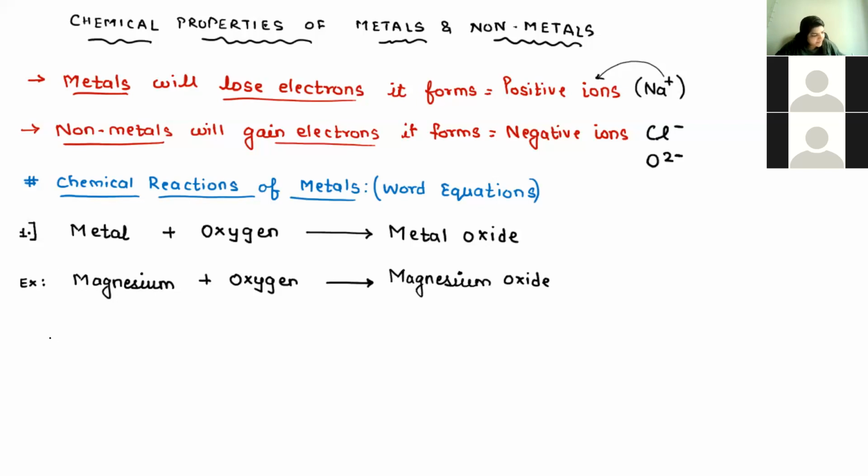Another example, lithium plus oxygen. Lithium oxide? Yes, lithium oxide. Depending on which metal I change, I'm going to get that respective metal oxide. So this is my first reaction. Please copy this down.